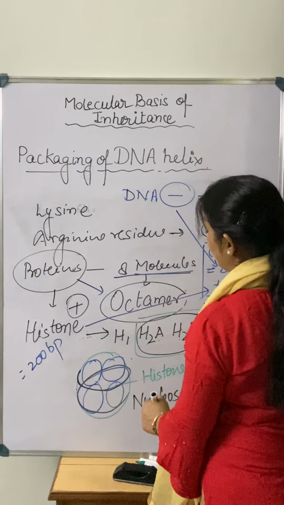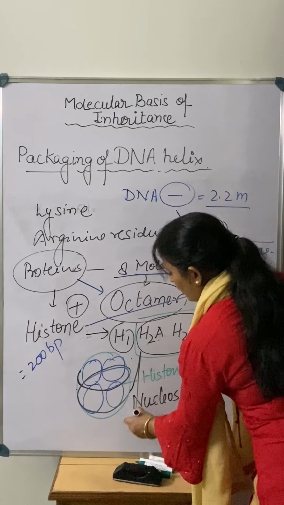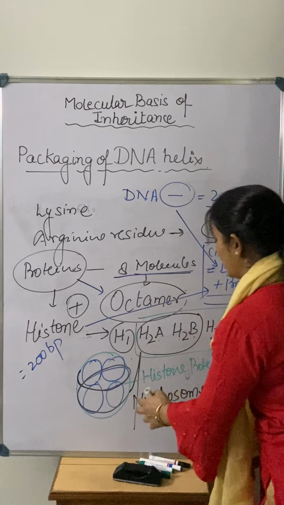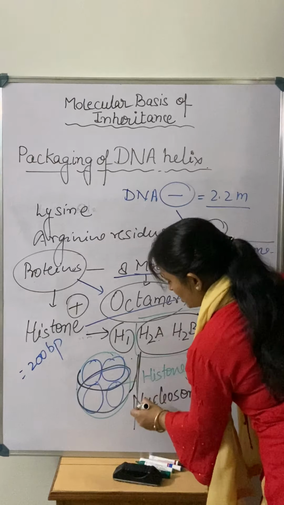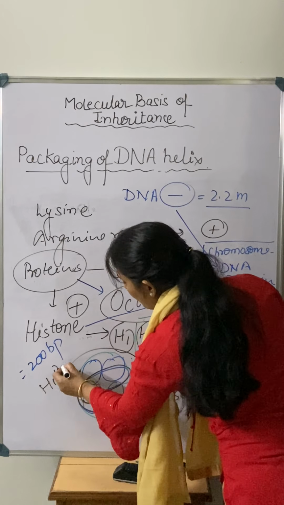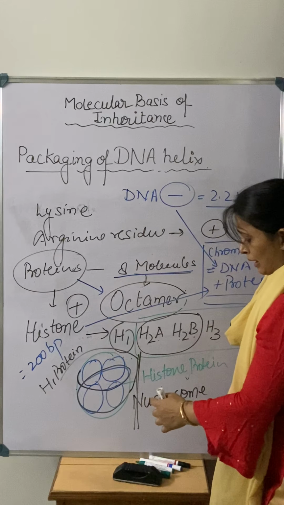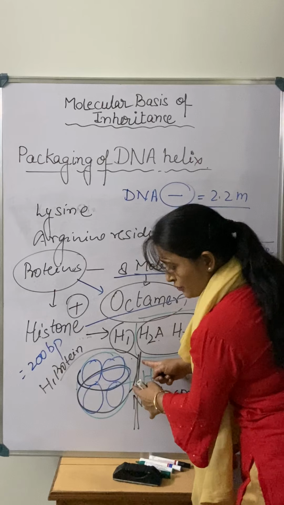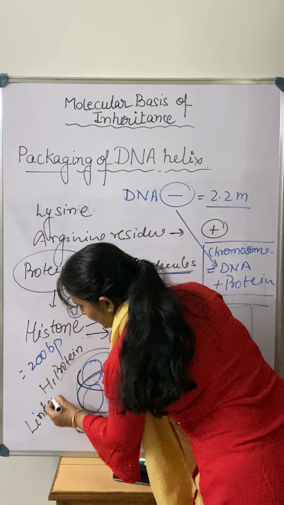And another one, that H1 protein participates where? For the connection between one nucleosome and another nucleosome. The part of the DNA that comes in this H1 protein, that we call linker DNA.